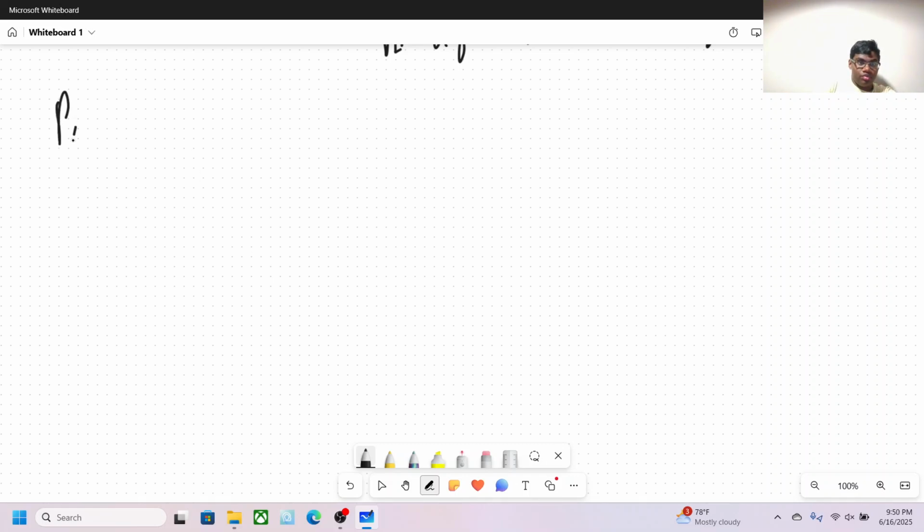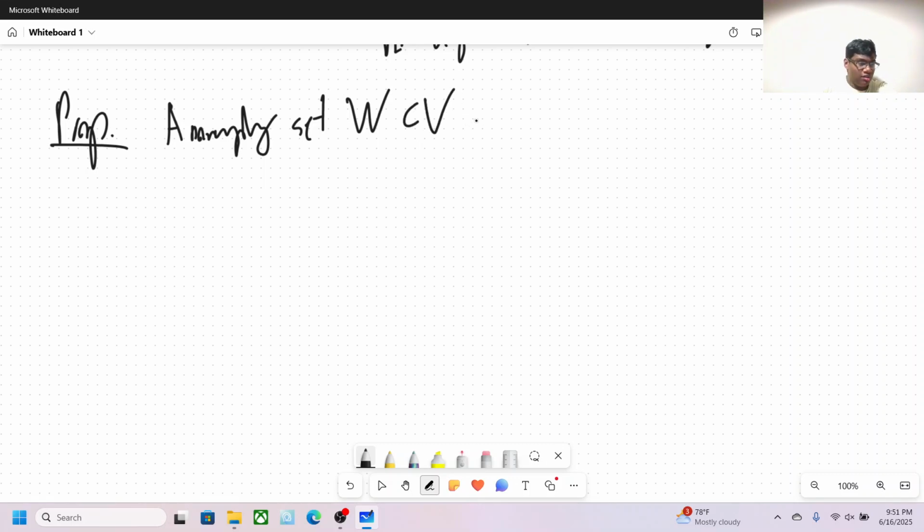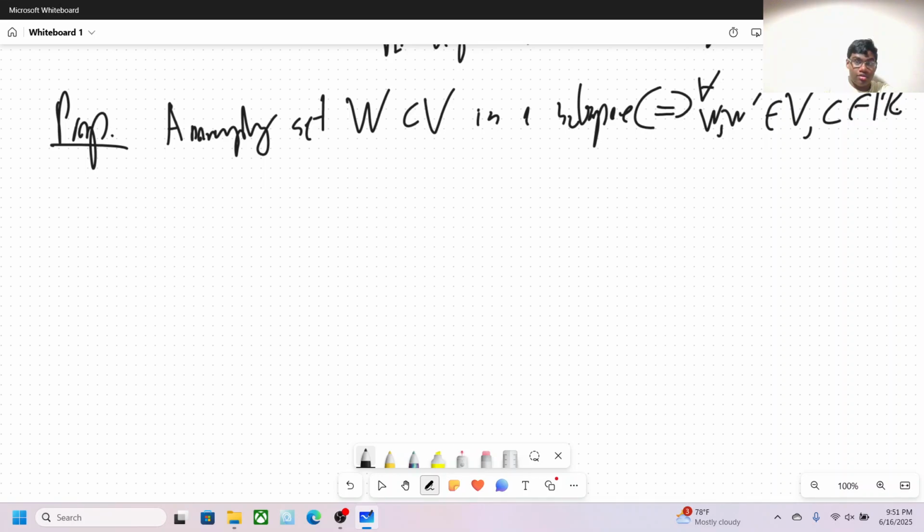Proposition: a non-empty subset W of a vector space V is a subspace if and only if for every w, w prime in W, and c in R, cw plus w prime is also in W.